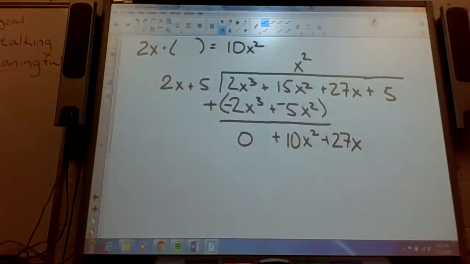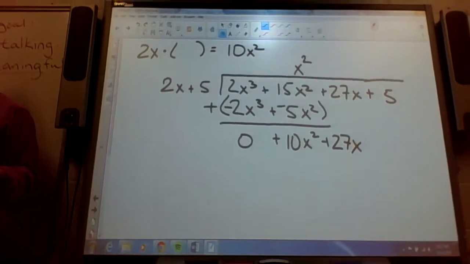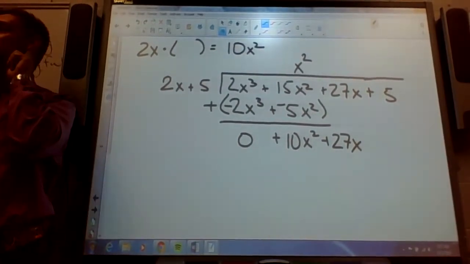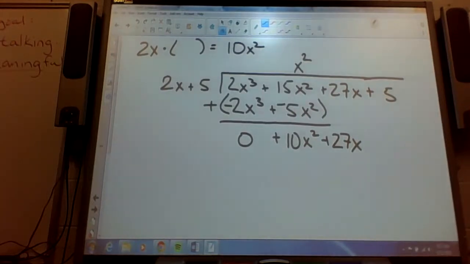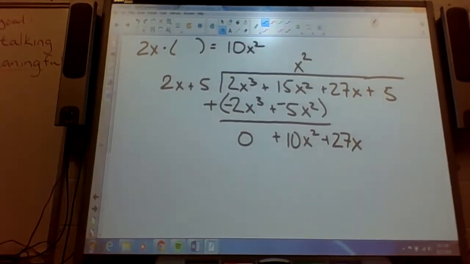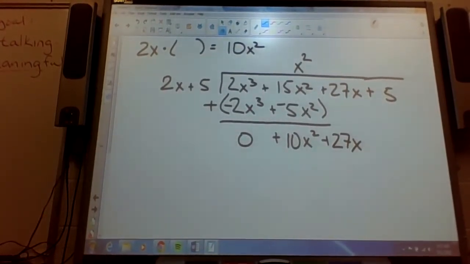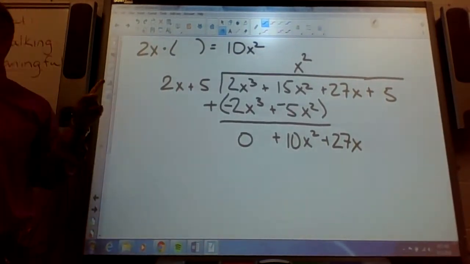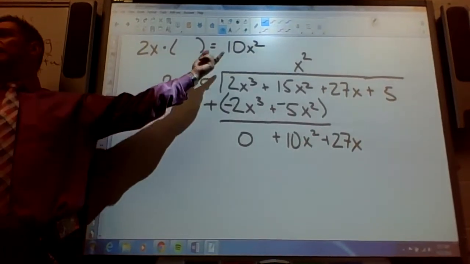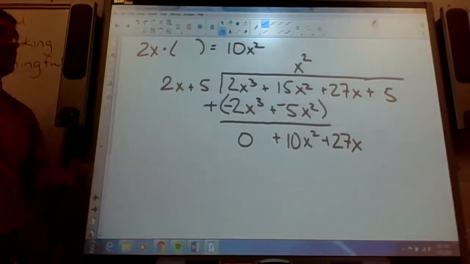How do I find what's in the parentheses? 5. Oh, divide? I'm sorry, I didn't hear you, Garrett. The number 5, almost, that's part of it, 5x. And you get that how? See my little number sentence here, or my variable sentence?